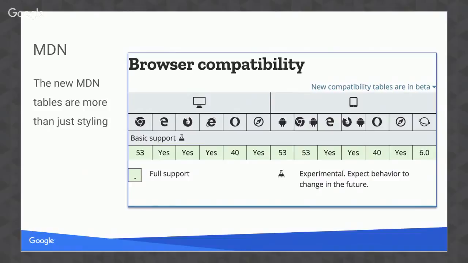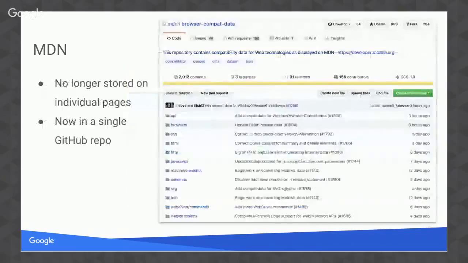Every time somebody made a change, you had to be subscribed to the particular page, and subscriptions have to be done one at a time on MDN. Having subscribed to that page, you'd have to go and review it and correct it if it were wrong. In the new world, all of this data is stored in JSON files in a GitHub repo. If you're interested, that's under MDN browser compat data, and anybody can submit pull requests to it.